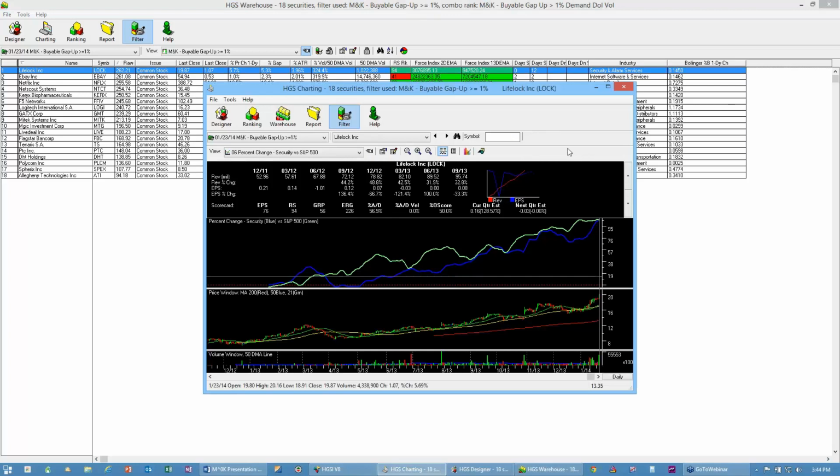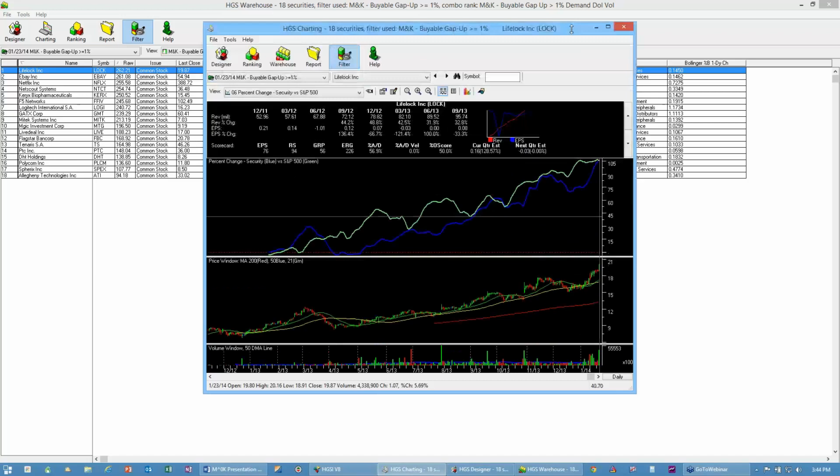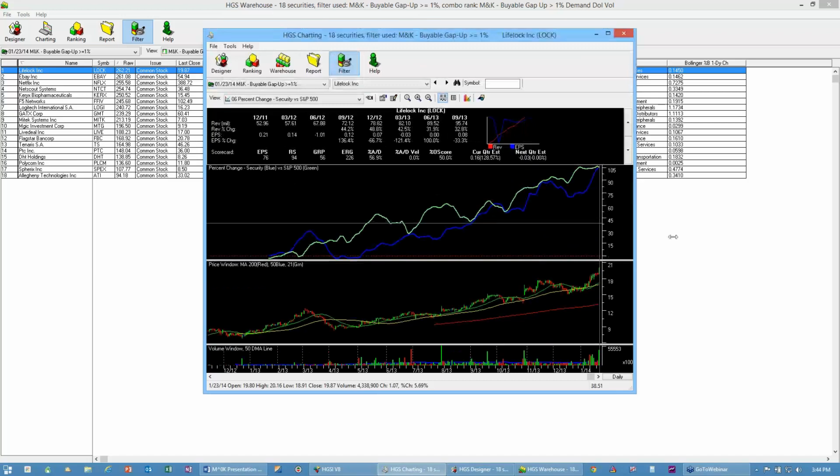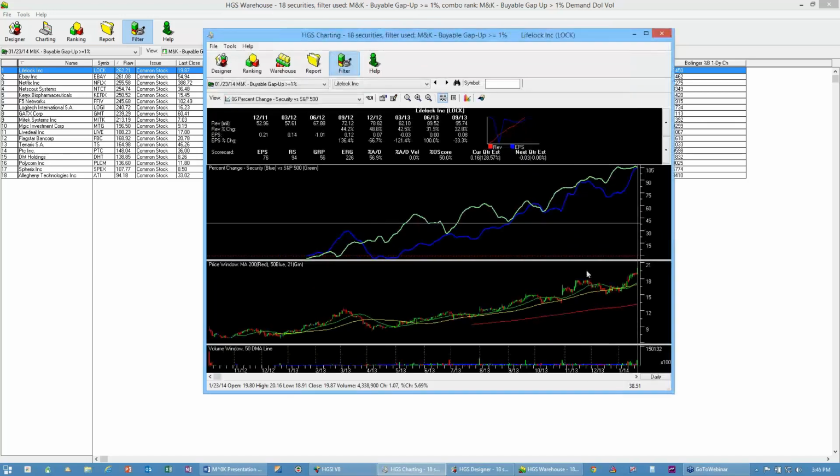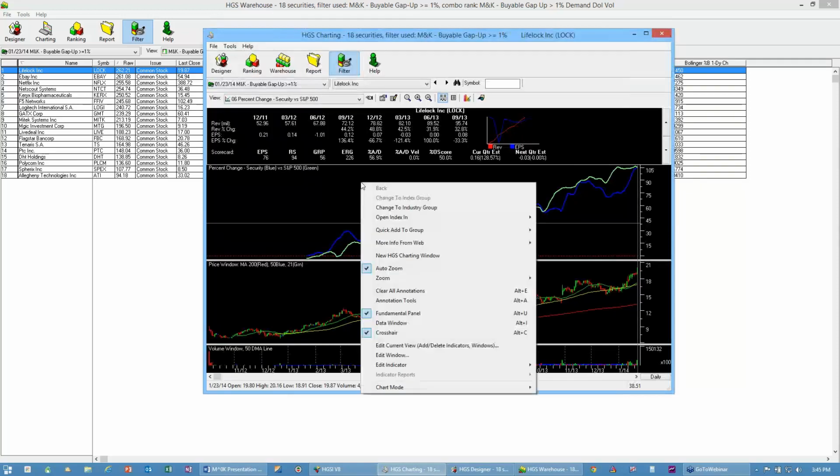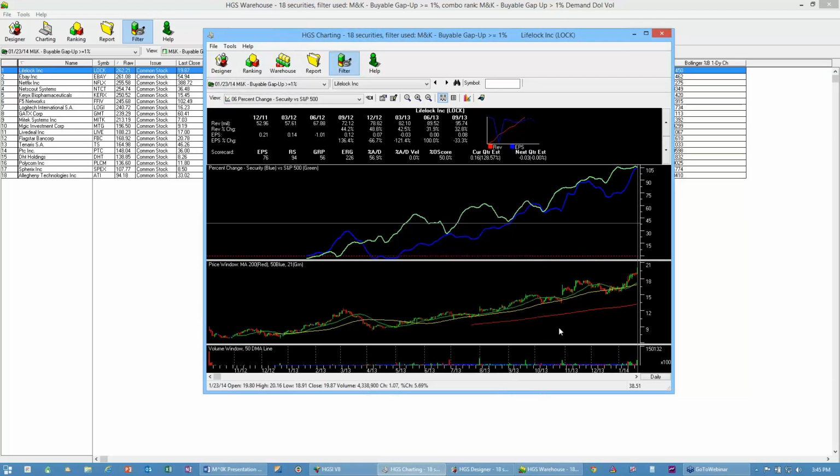Now, this is a chart that came installed. The first thing I would do if I were a newbie with this chart is just go in, right mouse click, and deselect auto zoom. Because if you leave auto zoom on, it's going to come back to the default zoom every time.